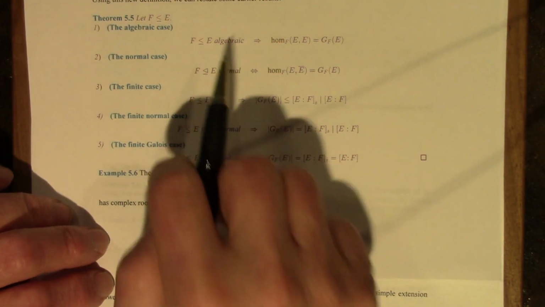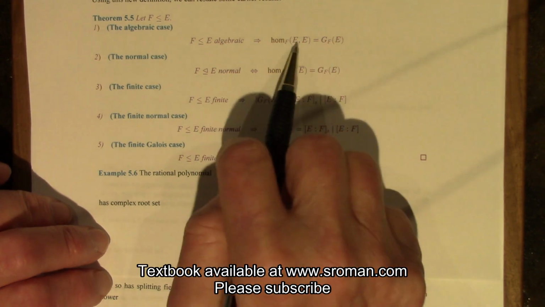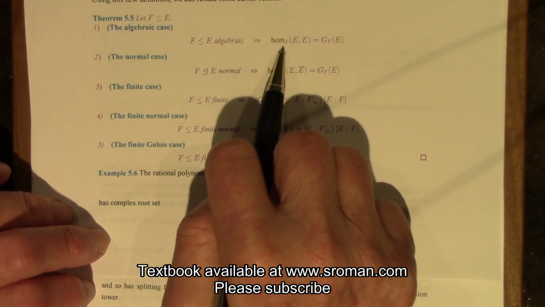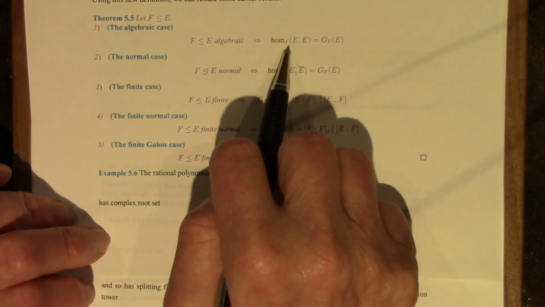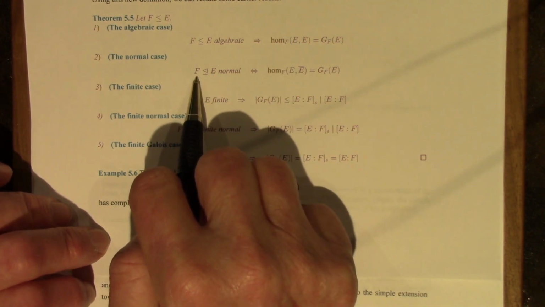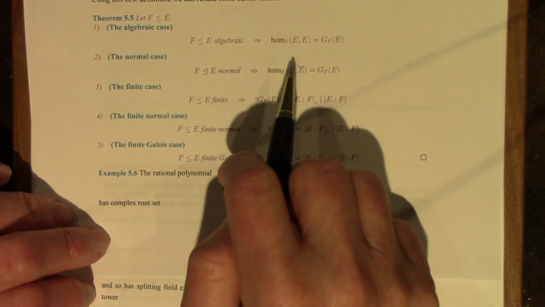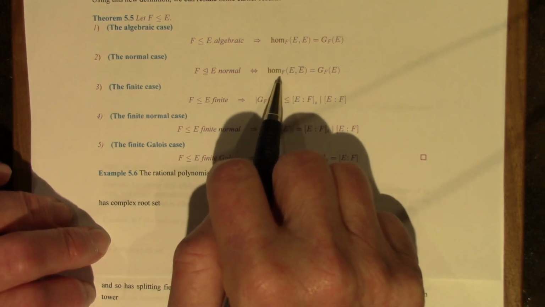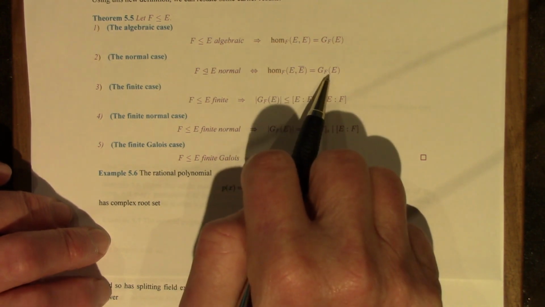If FE is algebraic, then the Galois group of E over F is the same as the set of embeddings of E into itself over F. FE is normal if and only if, this is the definition really, the set of embeddings of E into E bar over F is the Galois group.